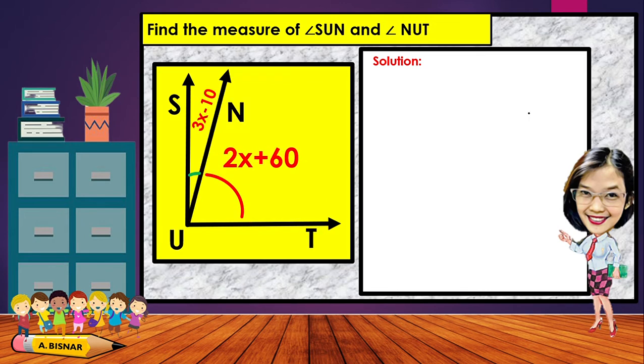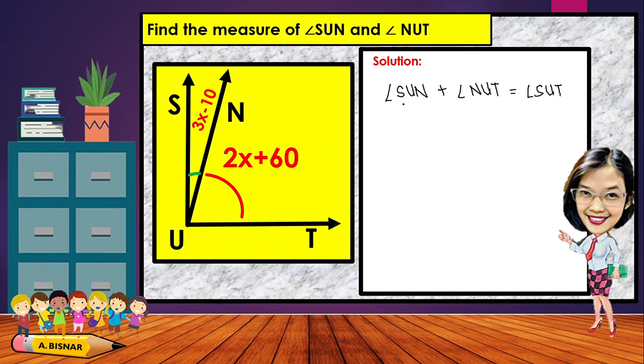How about with this? So, the measure of angle SUN plus the measure of angle NUT is equivalent to the measure of the angle SUT, which is the right angle.